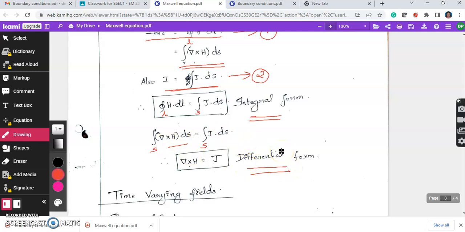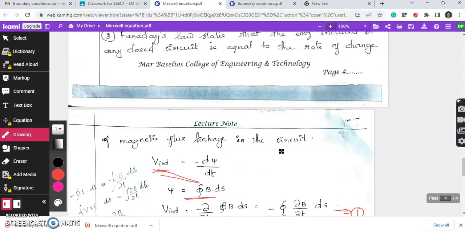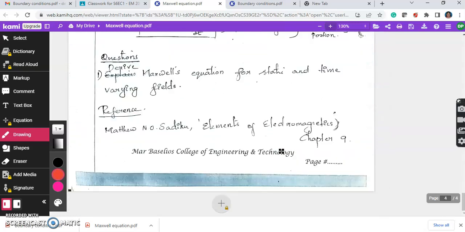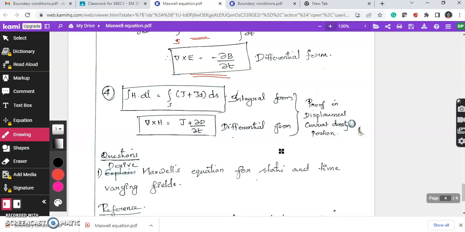But we have studied earlier that if you have the current component and the displacement current component, then line integral H dot dl is not simply surface integral J dot ds. It has one more term, so line integral H dot dl turns to surface integral J plus Jd ds, where Jd is the displacement current density.